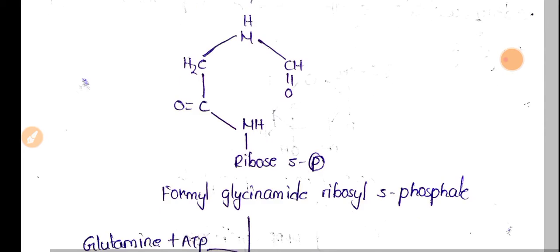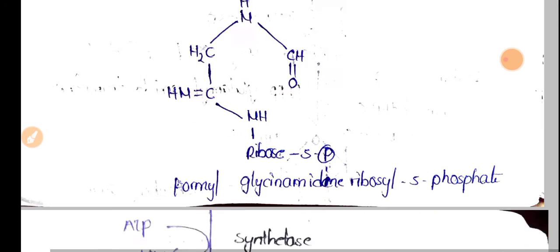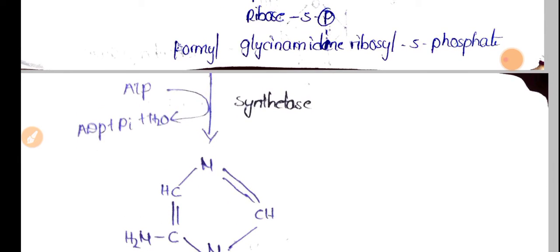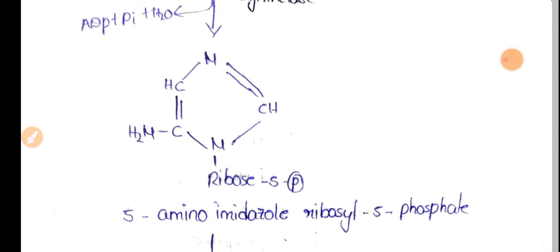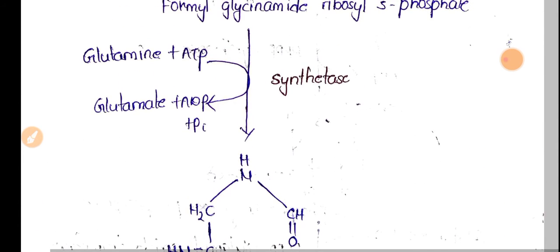From this, formyl glycinamide ribosyl 5 phosphate is converted into 5 amino imidazole ribosyl 5 phosphate, and here the imidazole ring is closed by the addition of one more glutamine.